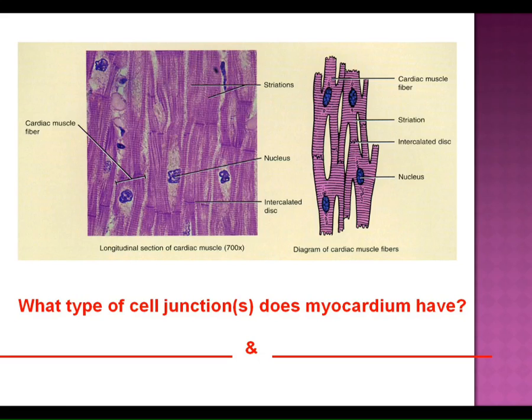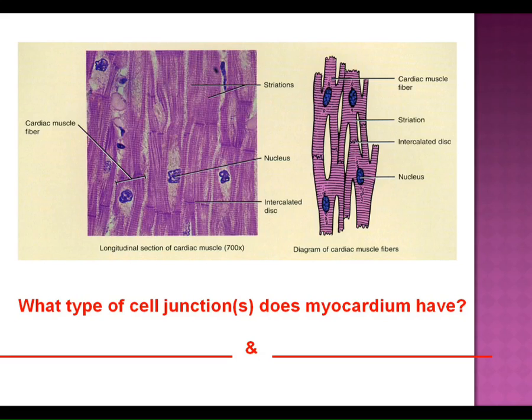Intercalated disc. Those are those connections. So the cell junctions that we see are gap junctions and desmosomes. So what do you get when you take a gap junction and a desmosome and put it together? An intercalated disc. That's what that is. So the answer here is gap junctions and desmosomes.